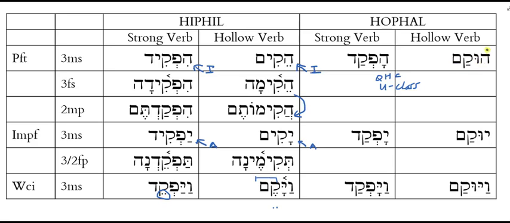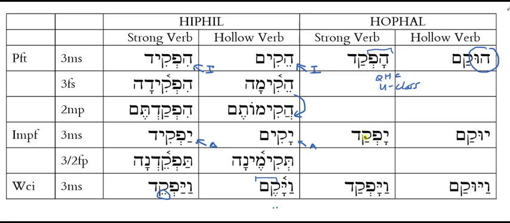Remember, it's open and long, so I can't use a short vowel like I do when I can close the syllable with root 1 and have roots 2 and 3 over here. My only two consonants are the kof and the mem of kum, and so this hey prefix has to be open and long, and so I'm going to use a U class but long, so it's hu. A vowel for the theme vowel, so hofkad for the strong verb, hukam for the hollow verb.